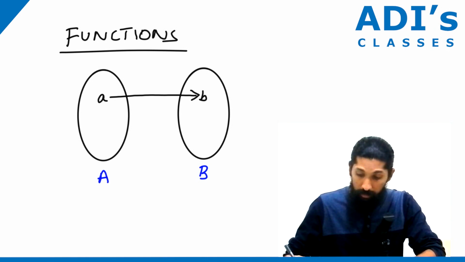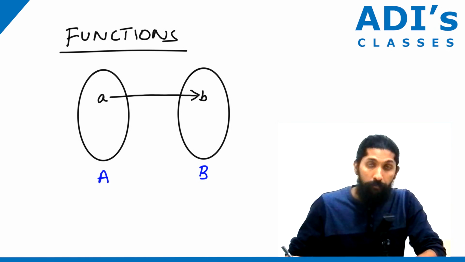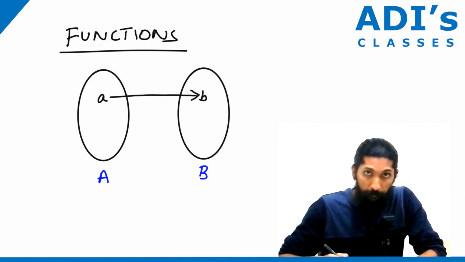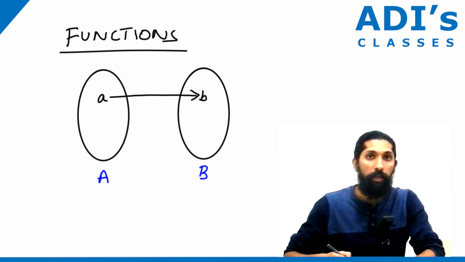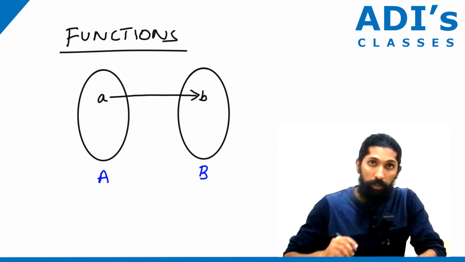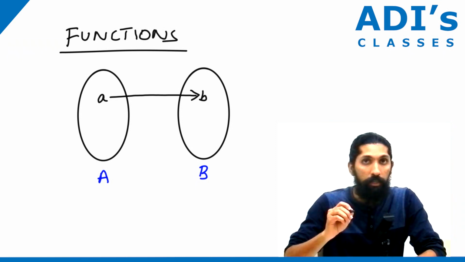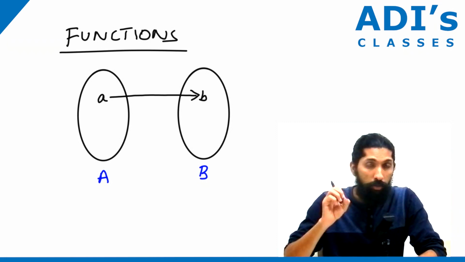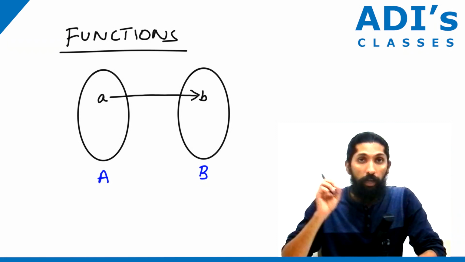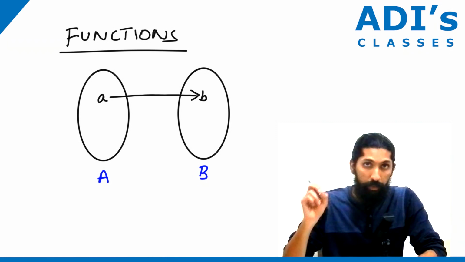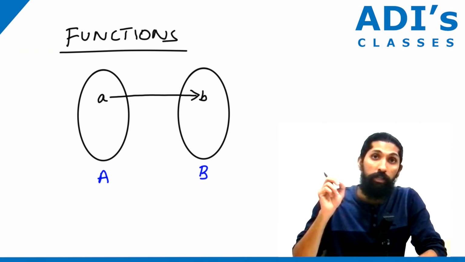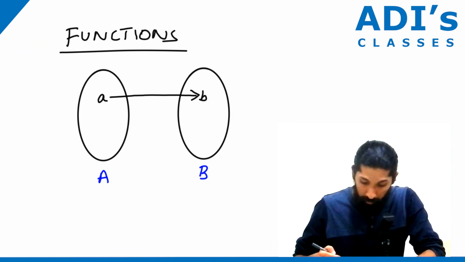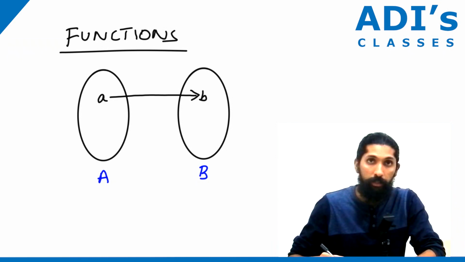Okay, now since there is a relation, what we say is that a function f is defined between A and B such that there exists a relation between A and B, and also a very important thing is, for every image in B there is only one element in A. In the sense here, A is related to B, correct?